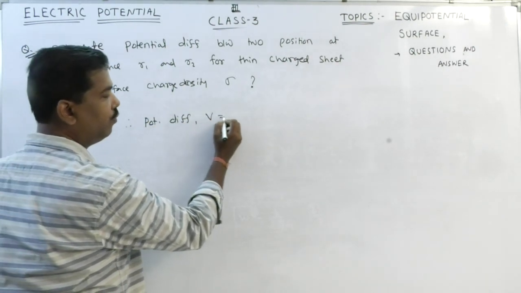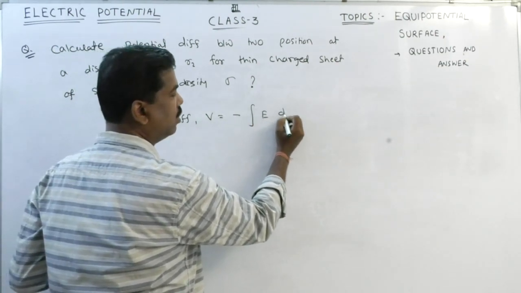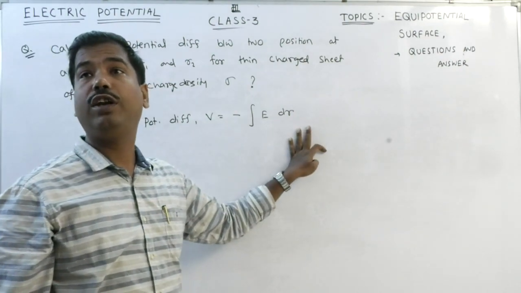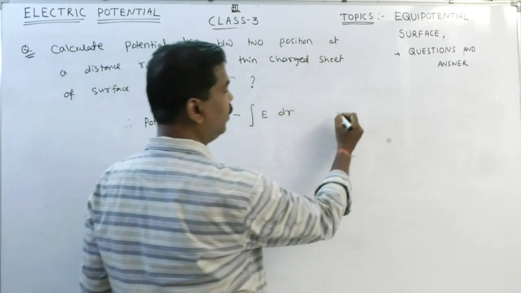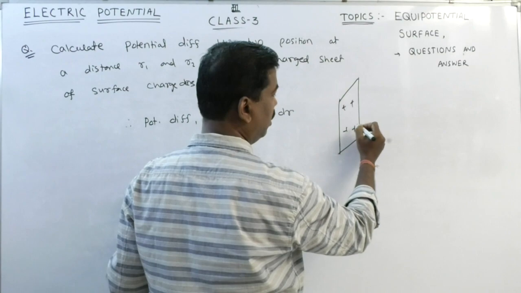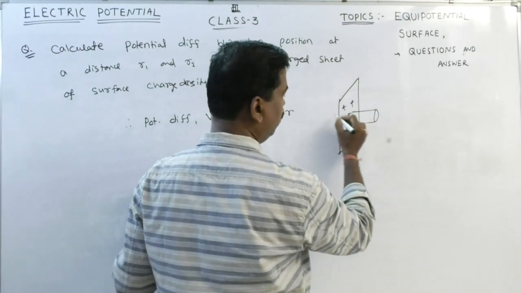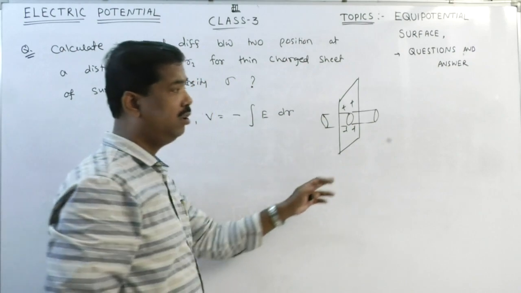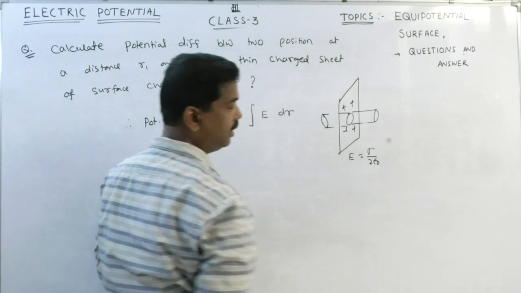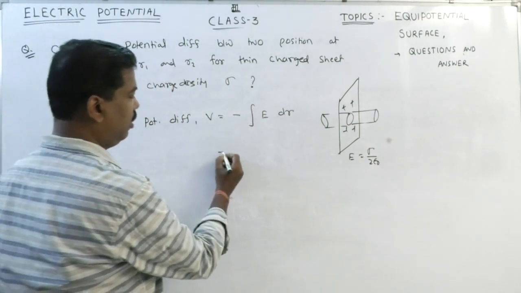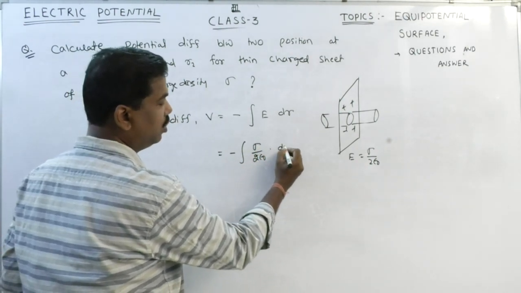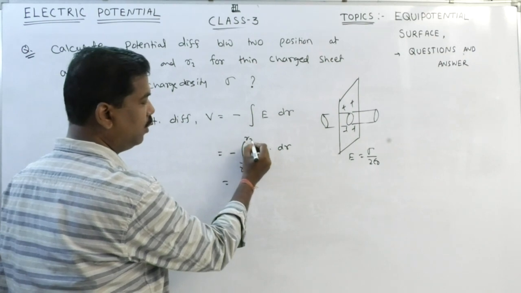potential difference V is equal to the negative line integral of electric field. Clear? For a charged sheet, by assuming, we found that the electric field is sigma by 2 epsilon 0. Therefore, minus sigma by 2 epsilon 0 dr from r1 to r2.